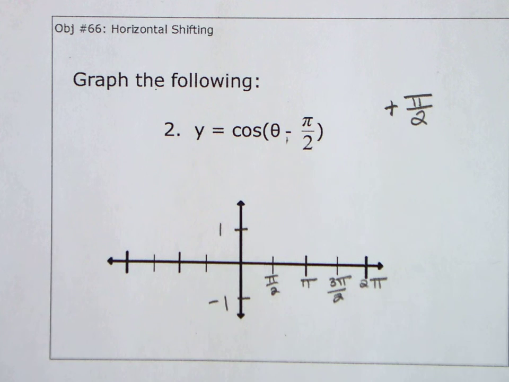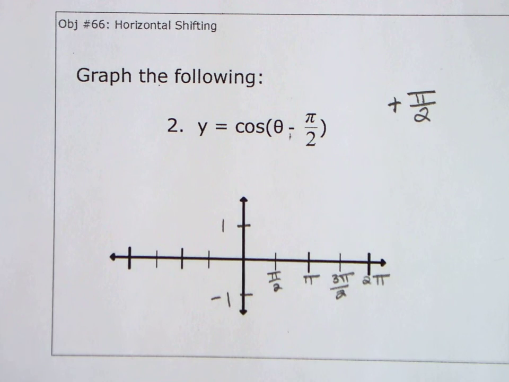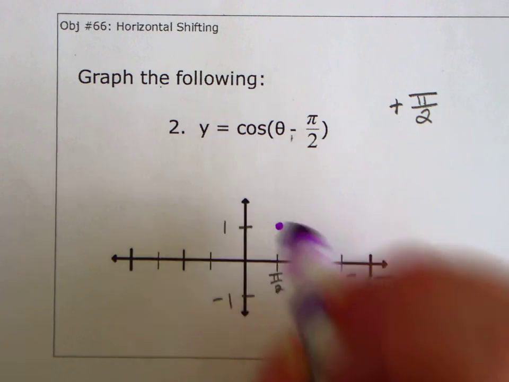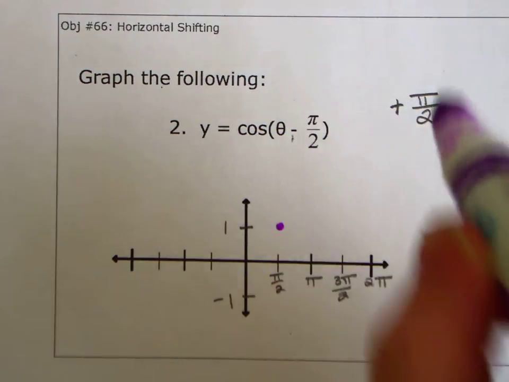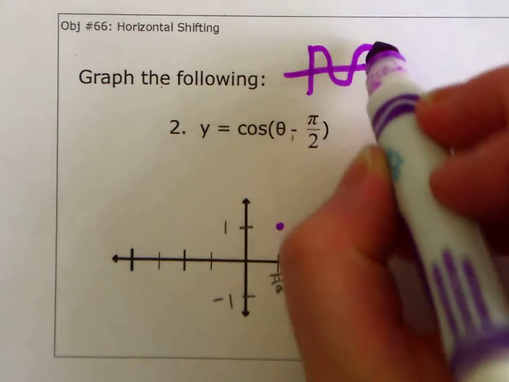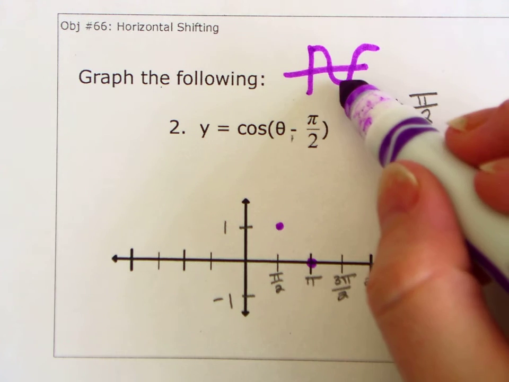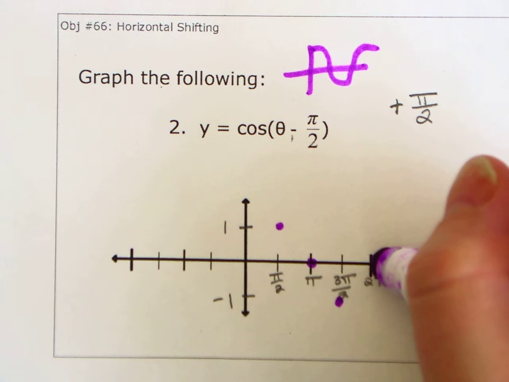All right, so this time, instead of starting at negative pi over 2, we're going to start at positive pi over 2. Where does cosine start? Cosine starts at 1. And then again, I can make myself a little sketch. I start at 1, I go down to 0, then -1, back to 0.